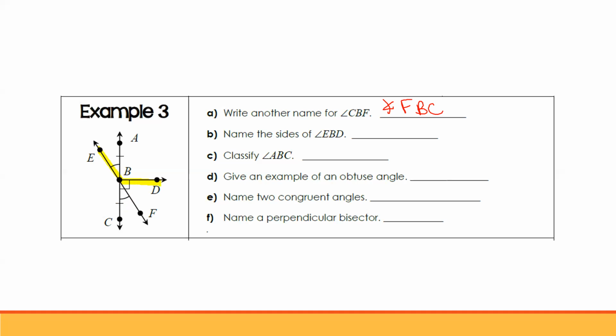So the sides of that are going to be ray BE and ray BD. Classify angle ABC. Let's find that in the picture. ABC. Oh, look at that. That's a straight line. So that angle is a straight angle.